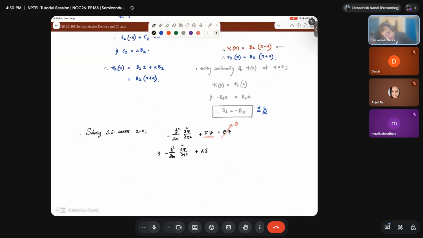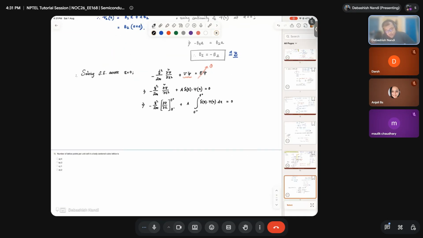So a delta x psi of x is equal to 0. Okay. So now if I integrate it once, what I'll get? h bar square by 2m del psi by del x from 0 minus to 0 plus, minus the integral from 0 minus to 0 plus of a delta x psi x dx equal to 0. I have just integrated the Schrodinger equation, right?